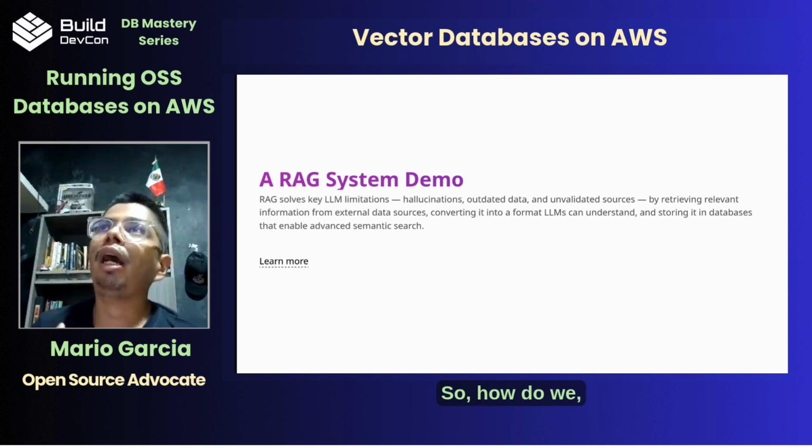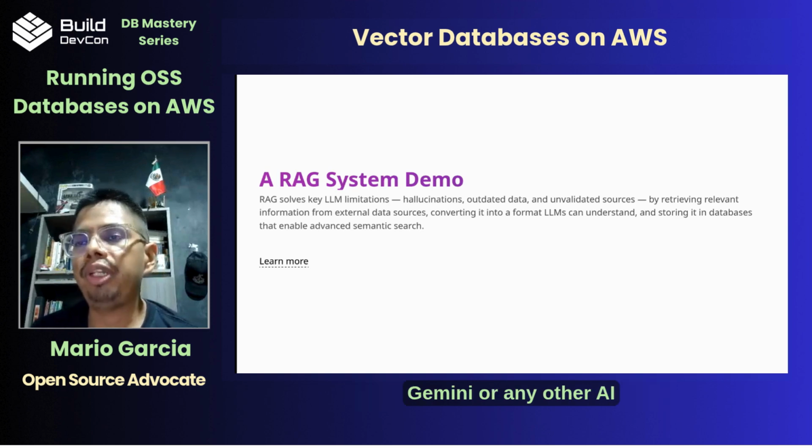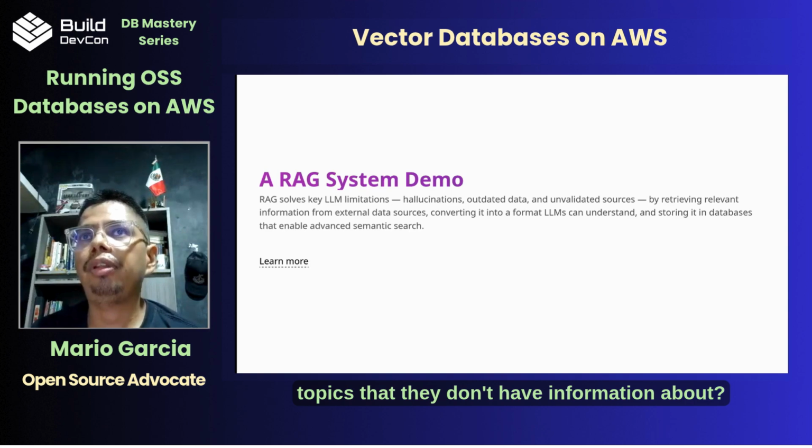So how do we, for example, make OpenAI or Gemini or any other AI application learn about topics that they don't have information about?